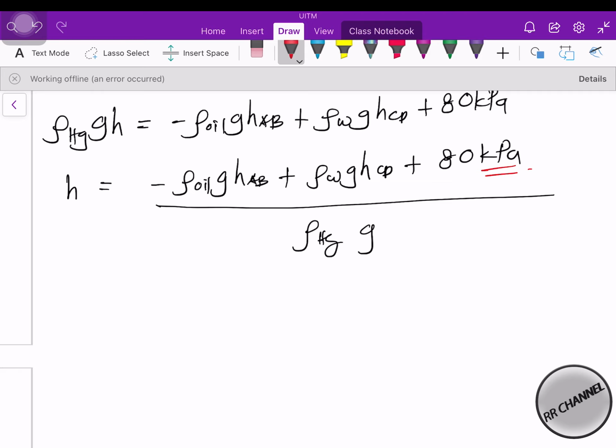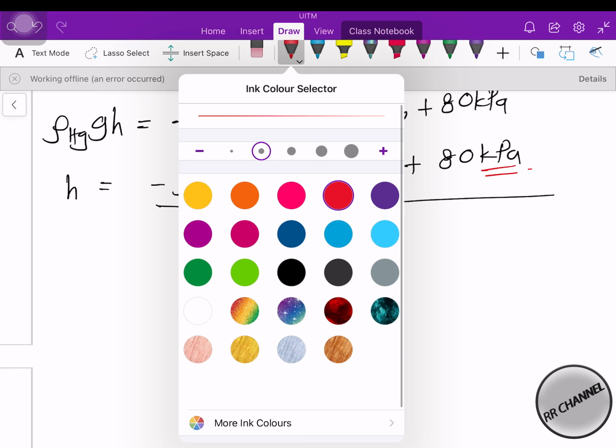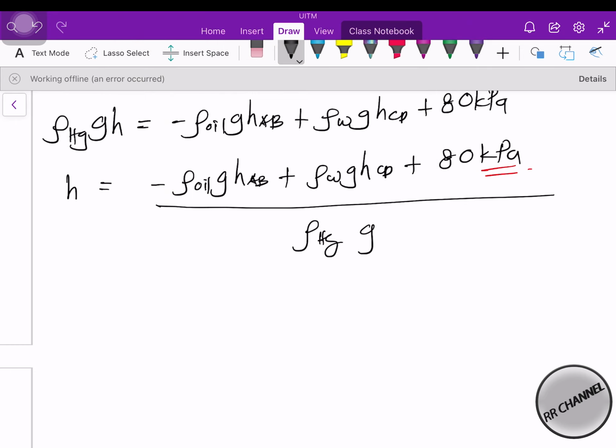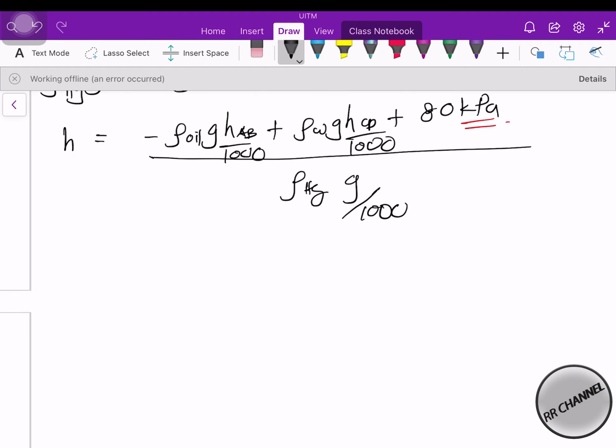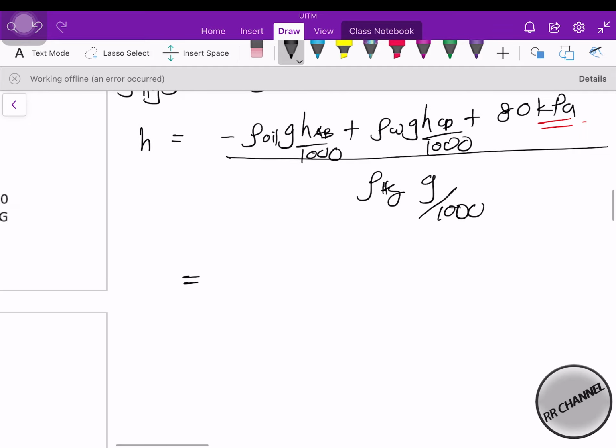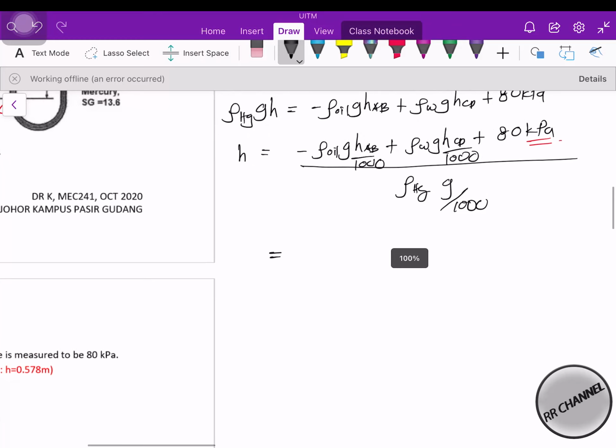So to make it consistent, we need to divide by 1000 for each of these terms. So this one I divide by 1000, and also this one.